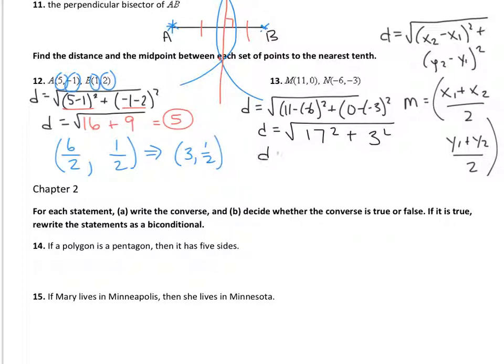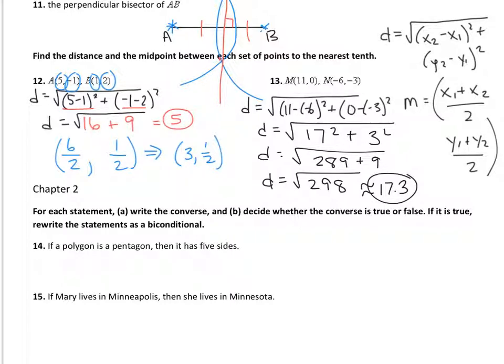So distance is the square root of 289 plus 9. So distance equals the square root of 298. I can't take the square root of 298, so I round to the nearest tenth. To the nearest tenth is 17.3. So it's approximately 17.3.